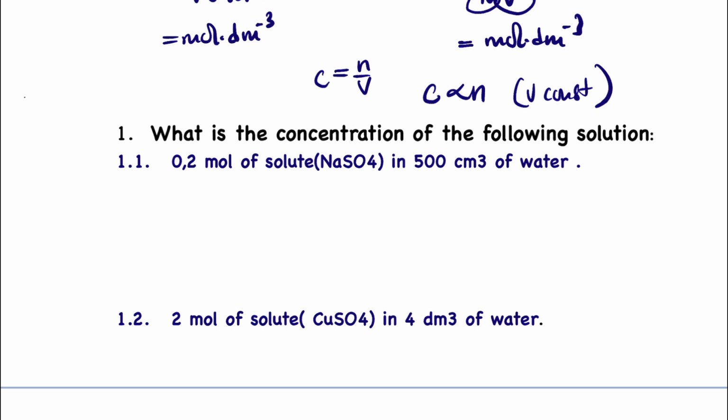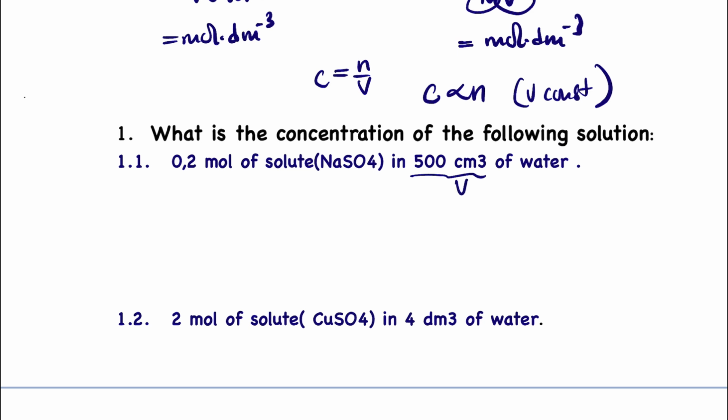Now the question here says, what is the concentration of the following solution? What are we calculating? It says 0.2 mole of solute, which is the sodium sulfate, in 500 cubic centimeters, right? So the first thing you notice when you calculate the concentration is that you are given the volume.